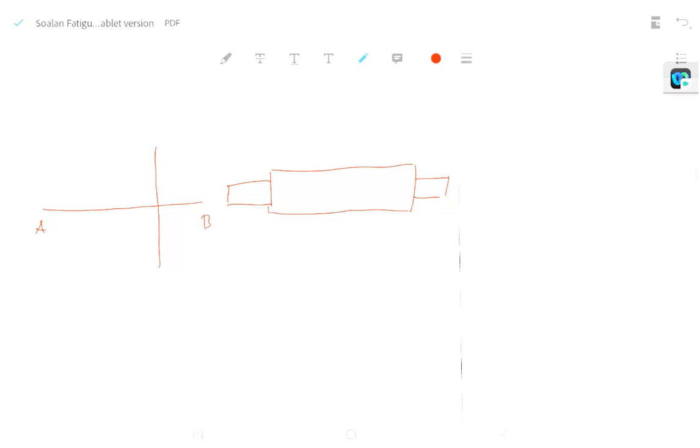And this is A, this B, this bevel gears.